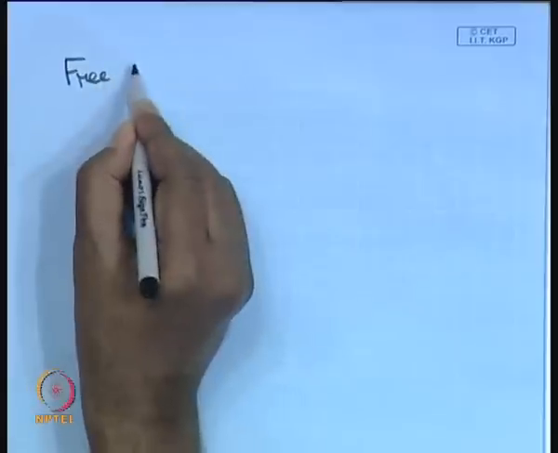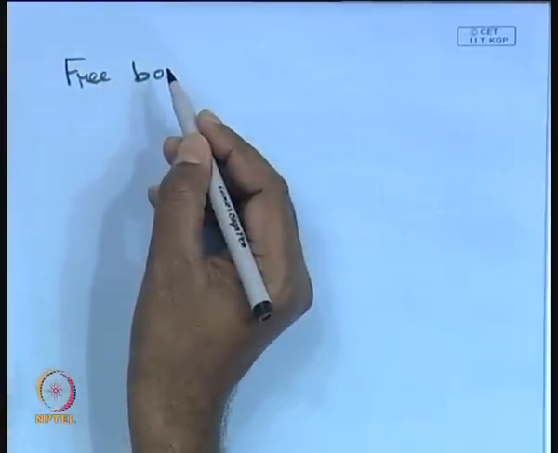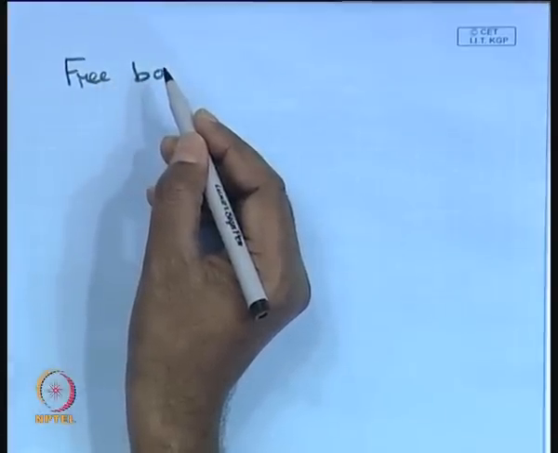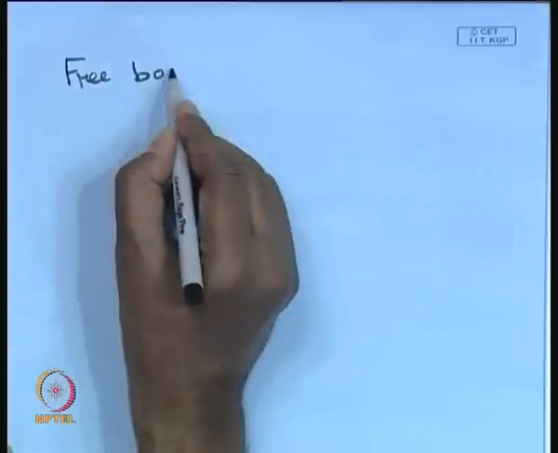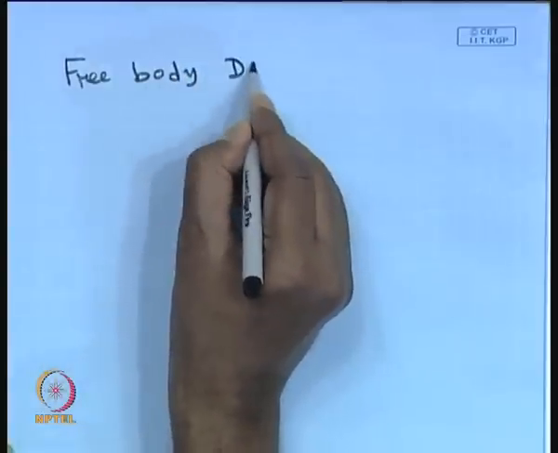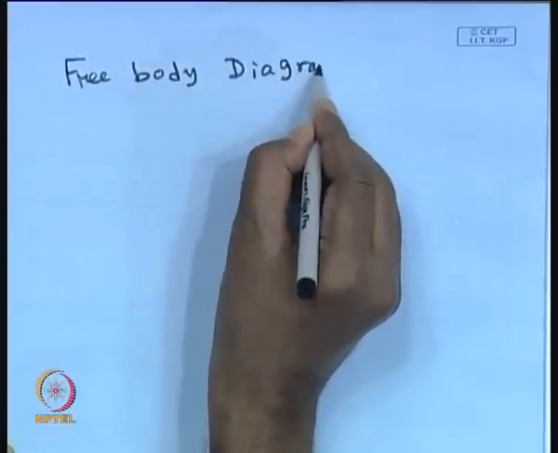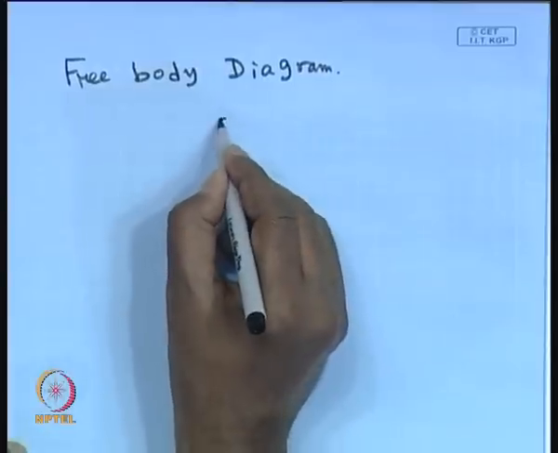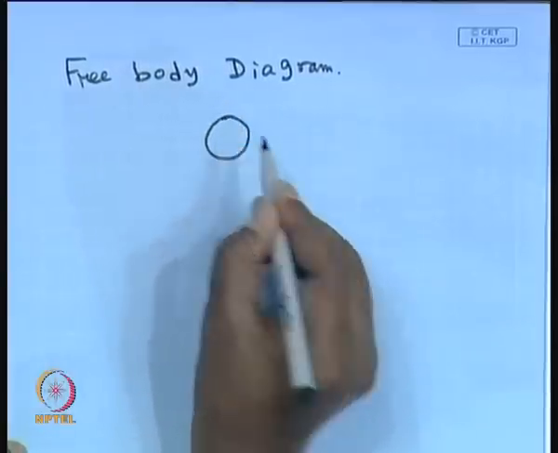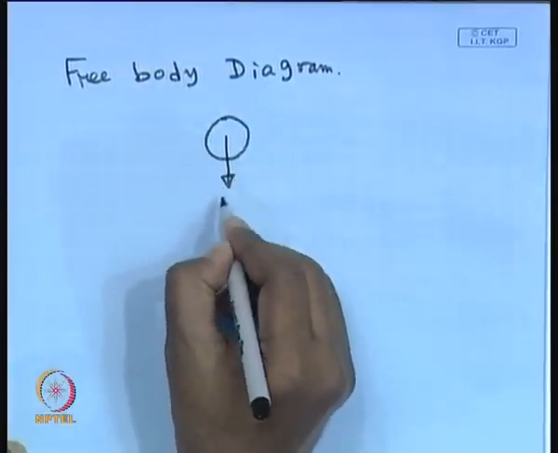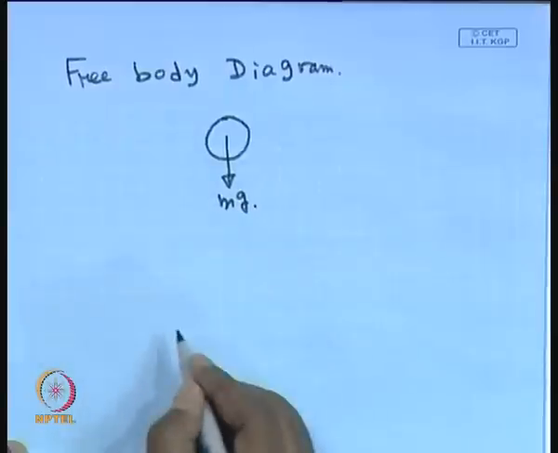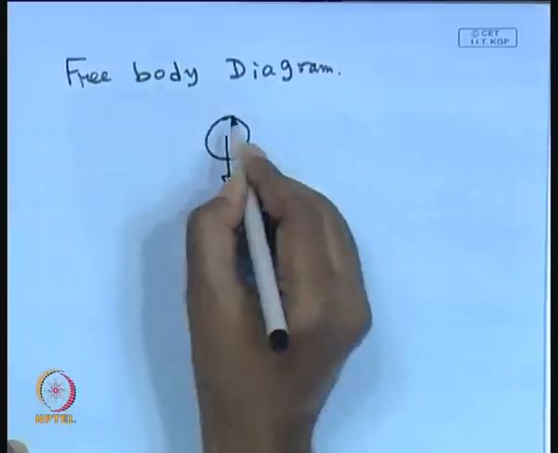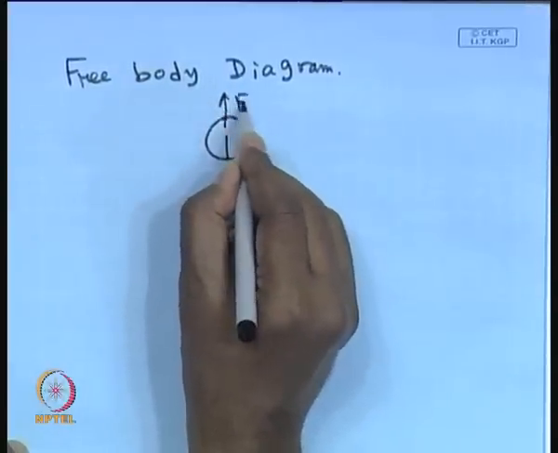Now, what we do, we draw a free body diagram of the particle, and we look into all the forces that will be acting on the particle. So, draw a free body diagram and let us look into the different forces acting on it. Number 1 will be the gravity, the external force applied on it. Next one will be buoyancy.